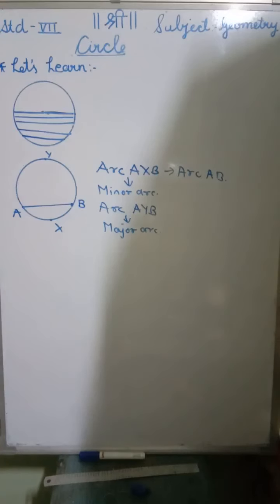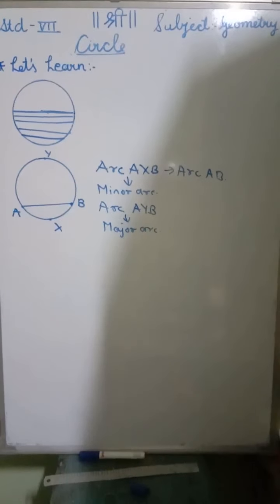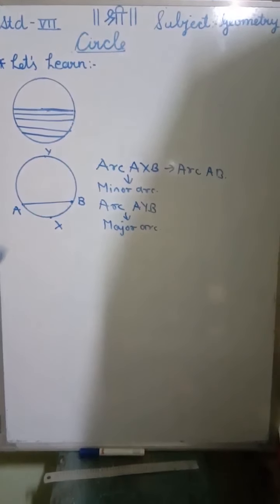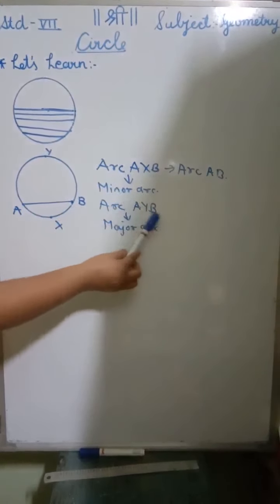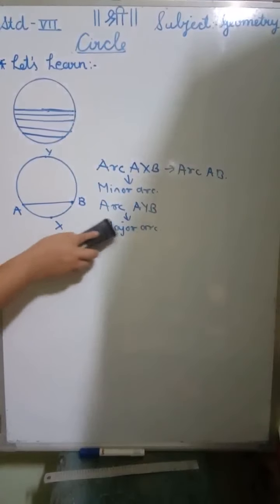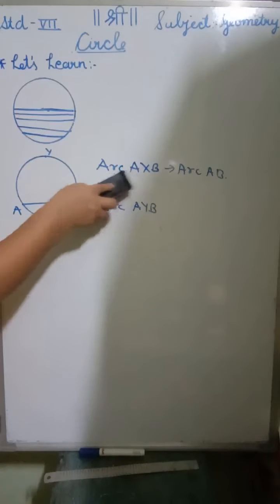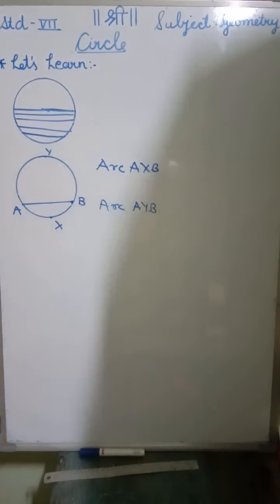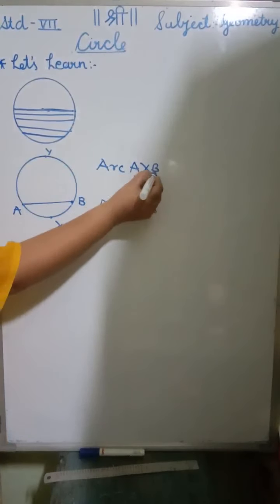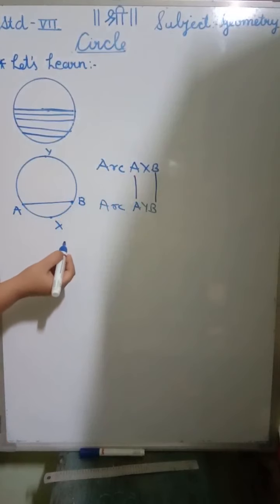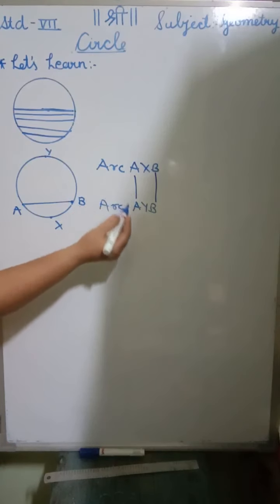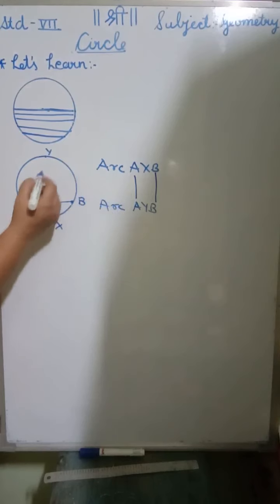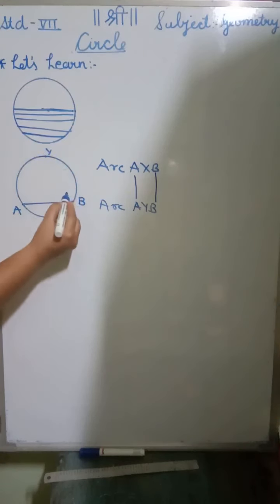Now, look at the end points of these two arcs. When you see, are their end points the same? Yes. Therefore, these two arcs have the same end points, and in the diagram, are they completing one circle? Yes.